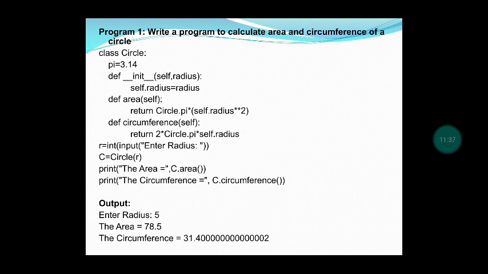So r value is 5, that is radius is 5. The area and circumference of the circle have been calculated and printed. Area equals 78.5 and circumference equals 31.40002. So in this example we have calculated the area and circumference of the circle by using the constructor in this program.